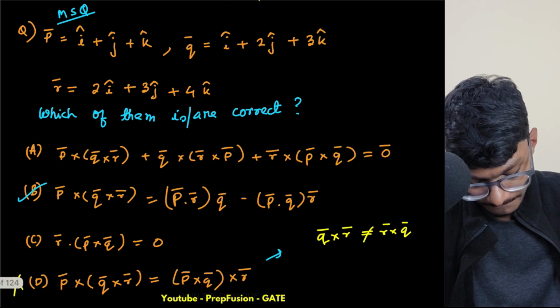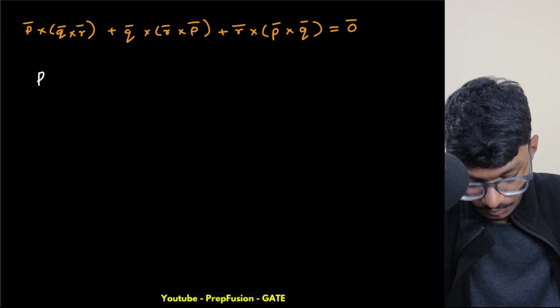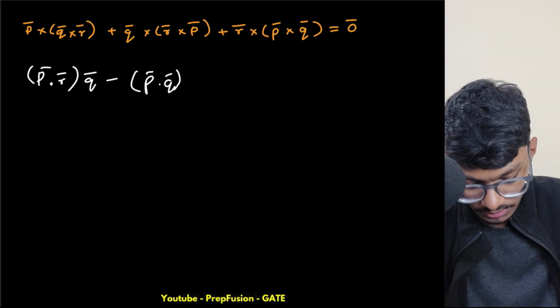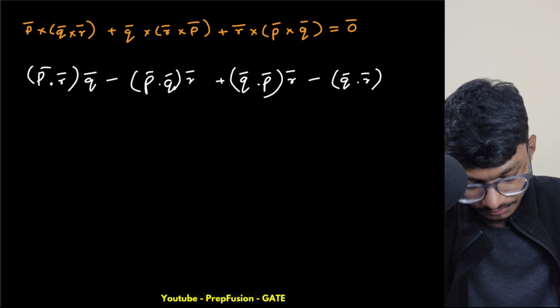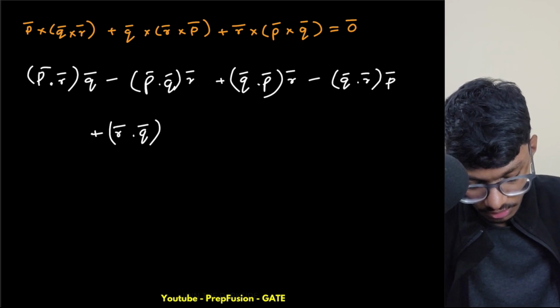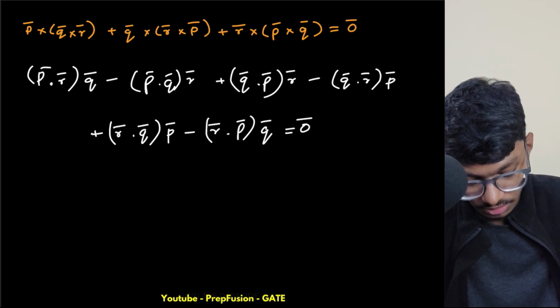So this will be P. We take the further one first, so P dot R in the bracket, and the remaining one outside, minus the nearer one, P dot Q, and this will be cancelled, this will be equal to 0, and this is R. Then plus again the further one first, Q dot P into R, minus the nearer one, Q dot R into P, then plus the further one first, R dot Q into P, minus the nearer one, R dot P into Q, equals what?